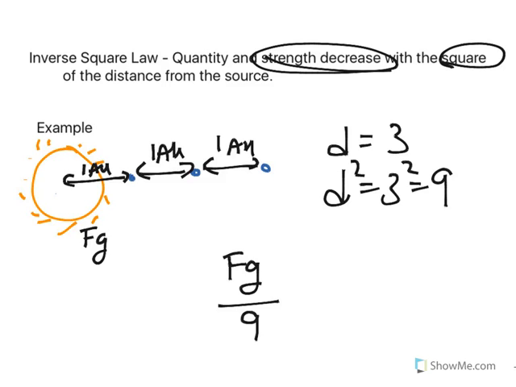So the final force of gravity is 1/9 the original force of gravity. So the final gravity is 1/9 the initial gravity.